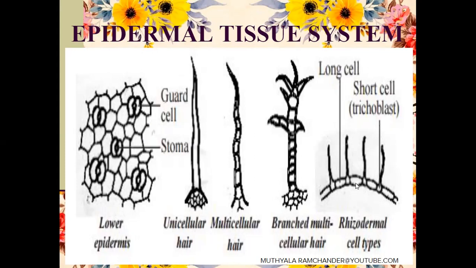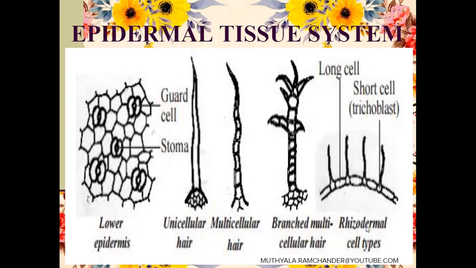And in root anatomy, rhizodermal cell types are present. Rhizodermal hairs are present. From the epidermis, hair-like filamentous structures are present, called rhizodermal hairs. The rhizodermal hairs mainly develop from the trichoblast cell. The trichoblast cell is small in size, and from these epidermal cells, a short hair-like structure develops.